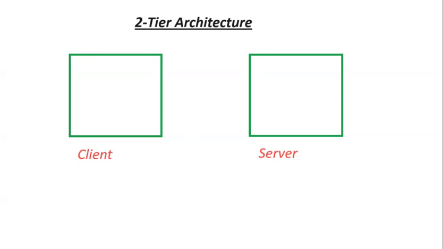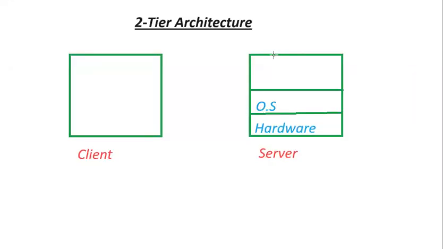The server layer consists of, first thing, hardware. At the bottom, the server machine has some hardware. On top of the hardware layer, it also has an operating system, which we can simply call OS.